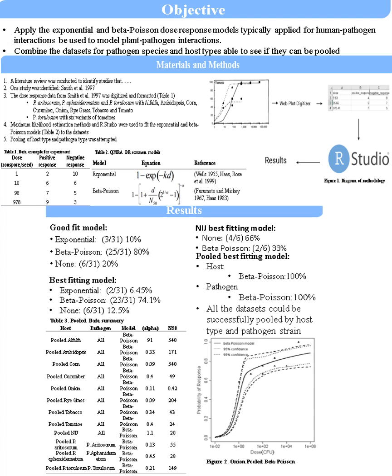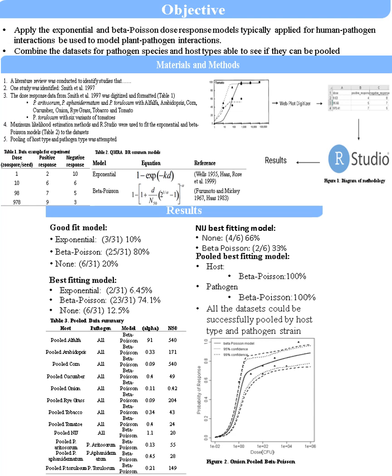It will give us the minimal dose to infect the crop and the dose required to infect 50% of the crop, what we call the ID50. As you can see in the results, for the good fit model and the best fit model, beta Poisson seems to be the most optimal dose response model.